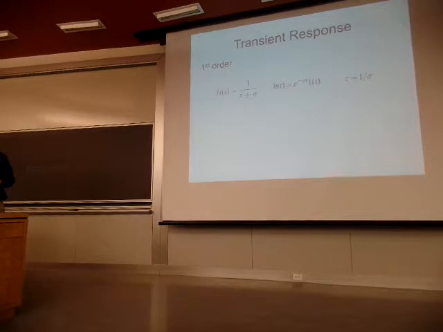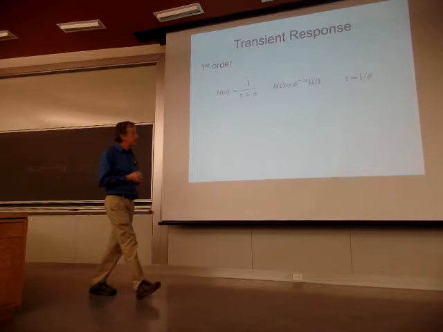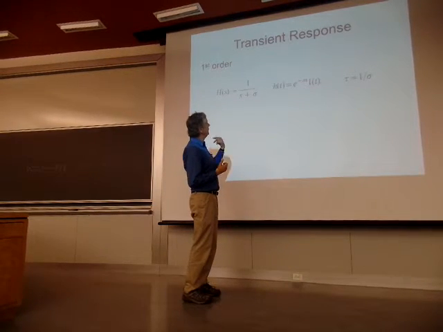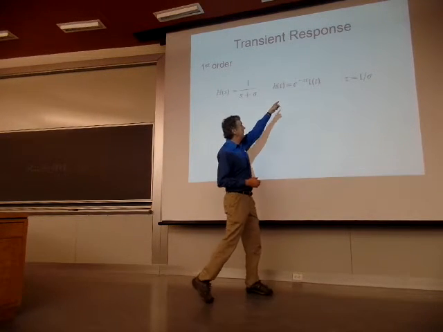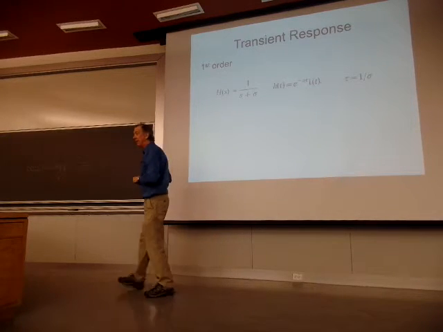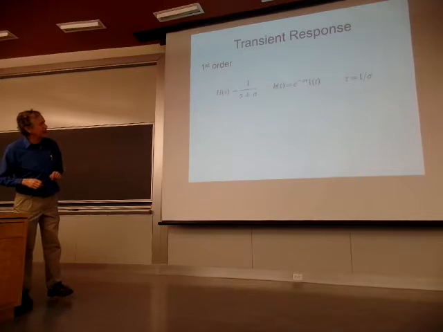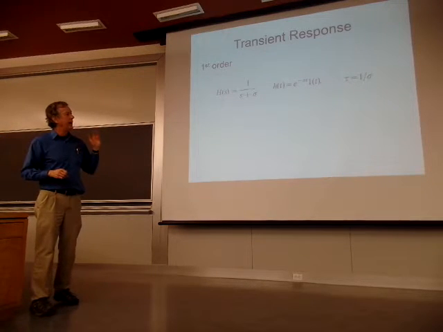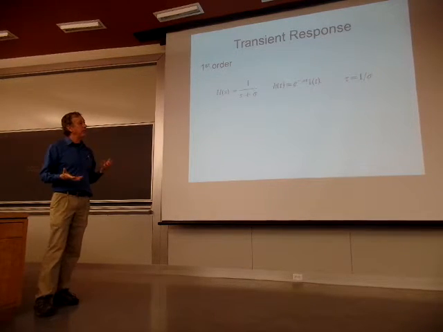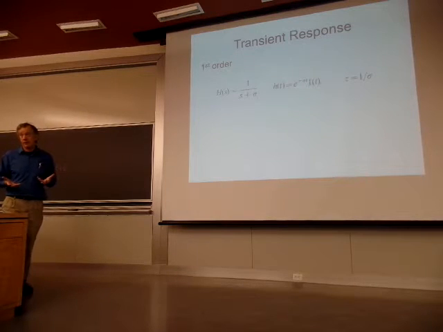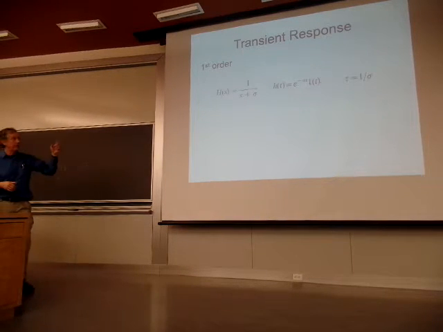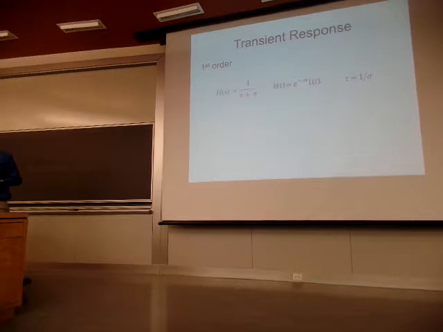Let's remind ourselves of some of these transient responses. For a first order transfer function, the solution is an exponential, with the state transition matrix showing up there, times the initial condition. Usually what we'll specify is called the time constant of the system, which is 1 over the pole.